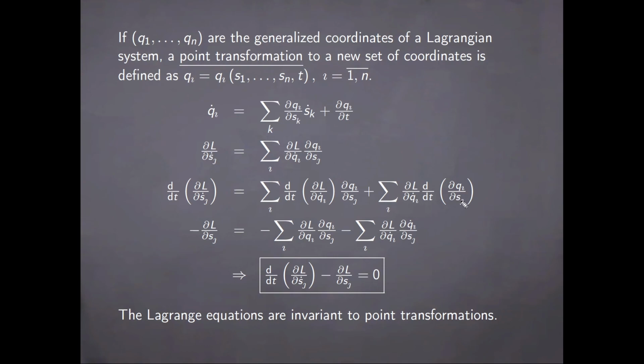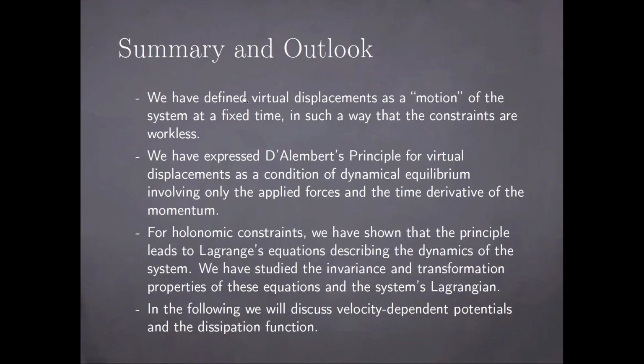So we can take the derivative with respect to the coordinate Sj out of the generalized velocity. It means that these two terms vanish as well. So when adding these equations together, only the left hand survives, and we have arrived at the same Lagrange equations expressed in new coordinates. So the Lagrange equations are invariant to point transformations.